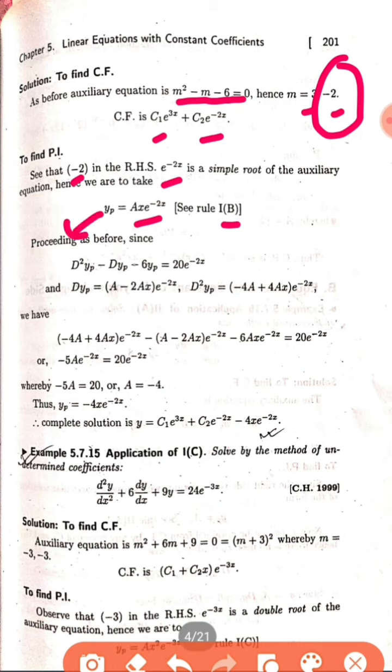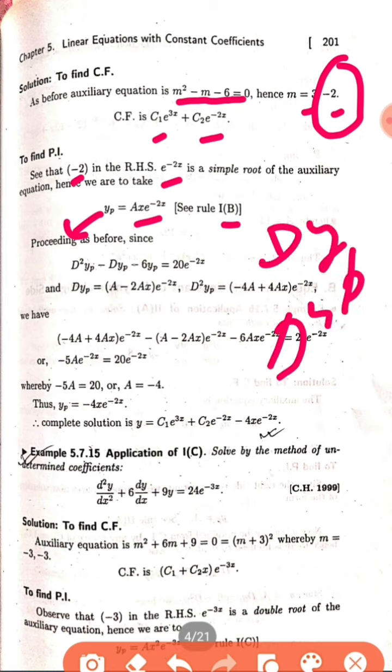Now you have to find the values of dYP, d²YP, and so on, and put these values in the main equation. Then compare the left-hand side and right-hand side. On the left-hand side the coefficient of e^(-2x) is this, and on the right-hand side the coefficient of e^(-2x) is 20.